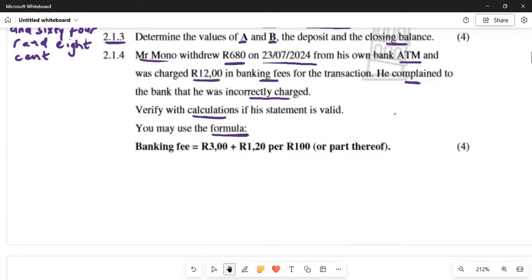All right. So this is the formula that is given. Banking fees equals 3 Rand plus 120 cent per transaction, a part of.